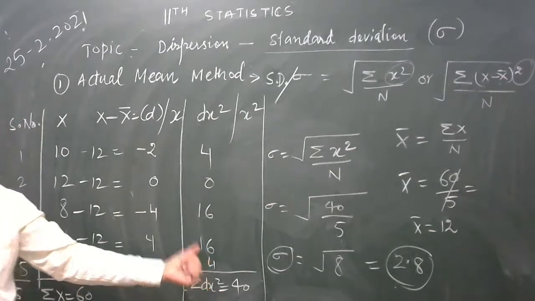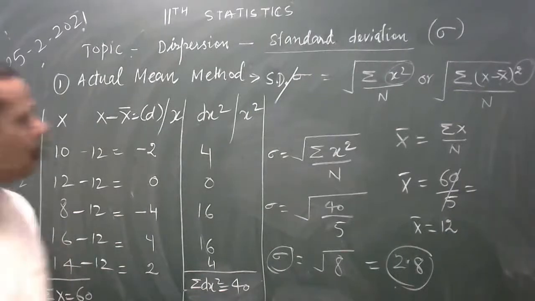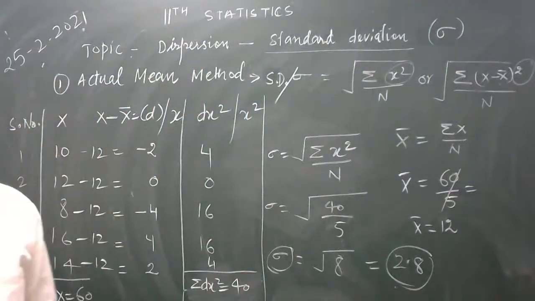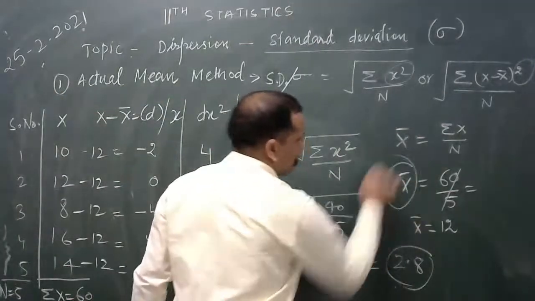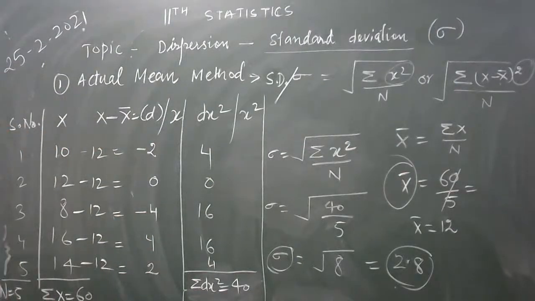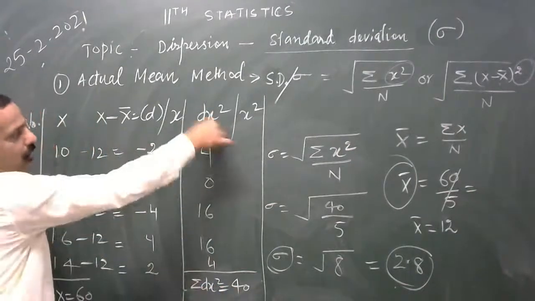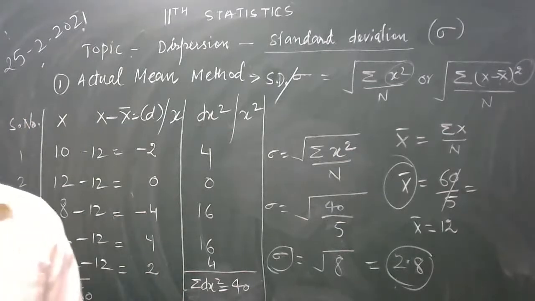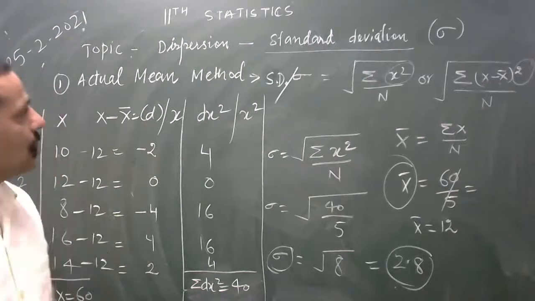Again, I am repeating: standard deviation is the square root of the arithmetic mean of the square of the deviation. Okay, so this much about the standard deviation.